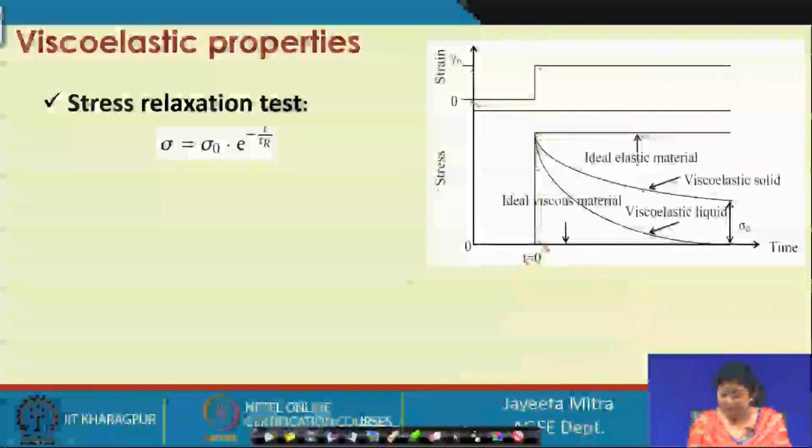Now, if we see the ideal viscous material, it will start flowing instantly. And if it is a viscoelastic material with elastic property in higher degree, then initially when the strain is applied to gamma 0, stress reaches the maximum value, and then gradually this stress will decrease.